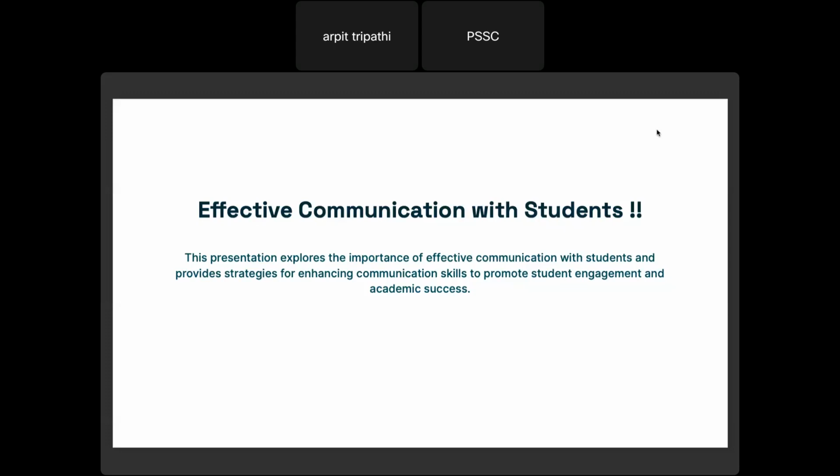Additionally, I would say effective communication provides students with constructive feedback that helps them improve their understanding and performance. By utilizing various communication channels, such as in-person discussion, email, WhatsApp, online platforms, Zoom, Google Classroom, and classroom technologies, educators can reach students effectively and accommodate diverse learning styles and preferences.